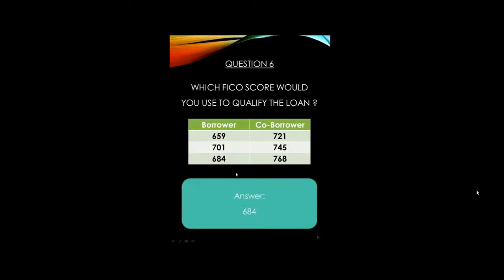The answer is 684. You're basically going to do one calculation to determine the middle FICO score of each borrower, the co-borrower and the borrower. Then you're going to take whichever of the two mid FICO scores is the lower one. And that's your answer.